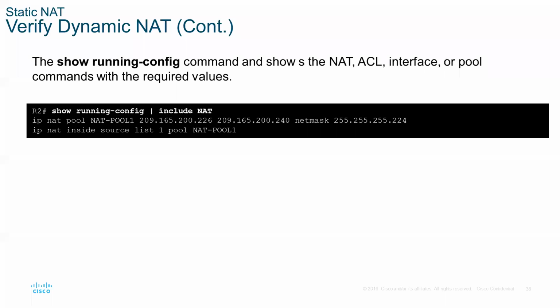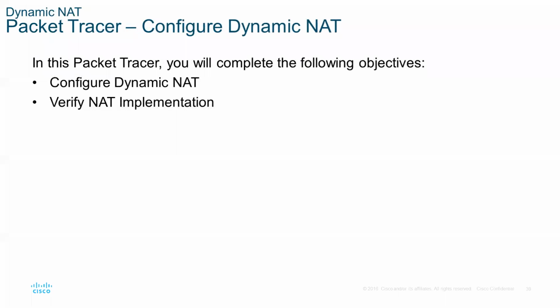If you want to see it specifically in the running config file, you can use the options of pipe include NAT, and that will give you the output of the NAT commands. There's another activity for you to do.